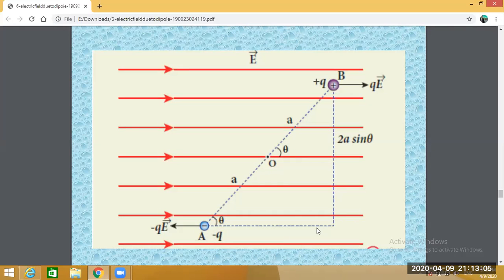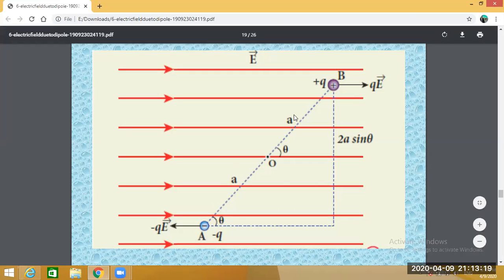The perpendicular distance between the two lines of action of force is 2a sin theta. Why 2a? Because a and a, 2a is the dipole length. So this acts as the hypotenuse, and this perpendicular is expressed as 2a sin theta. So what is this 2a sin theta? It is the perpendicular distance between the lines of force.